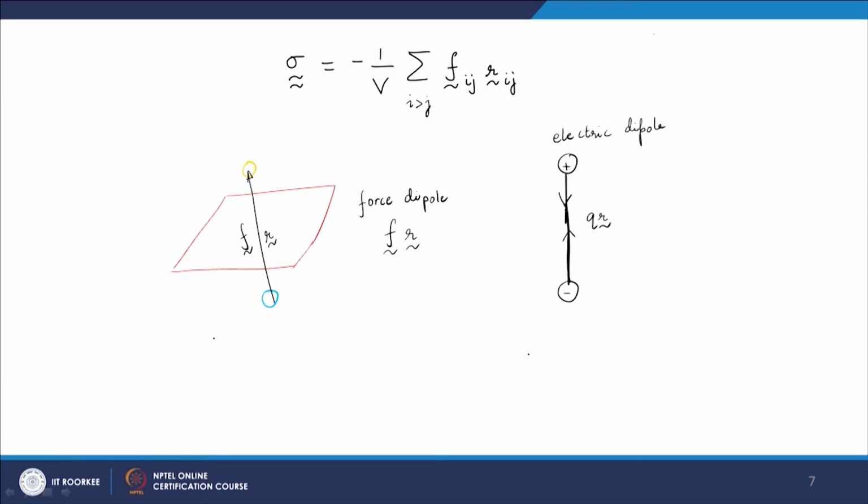We are actually interested in the ensemble average of that, in the sense of what we have been doing for the random walk models. So actually the stress tensor is going to be an ensemble average of these force dipoles.